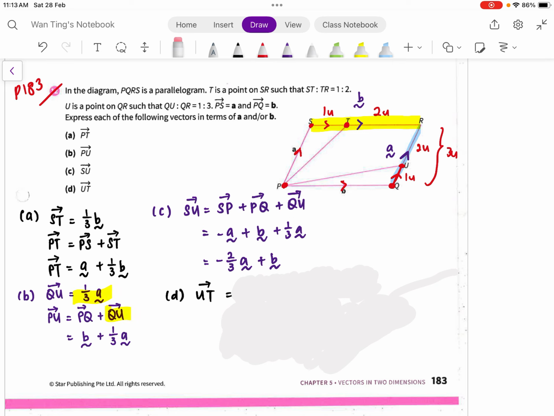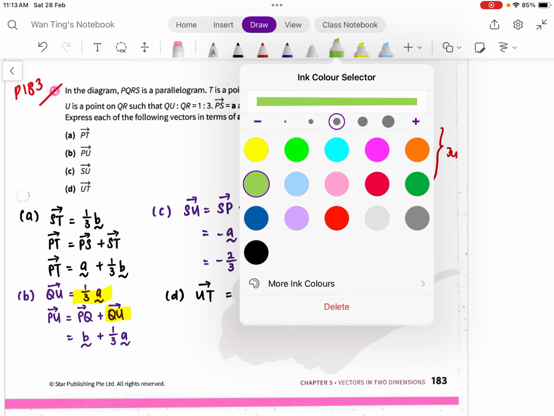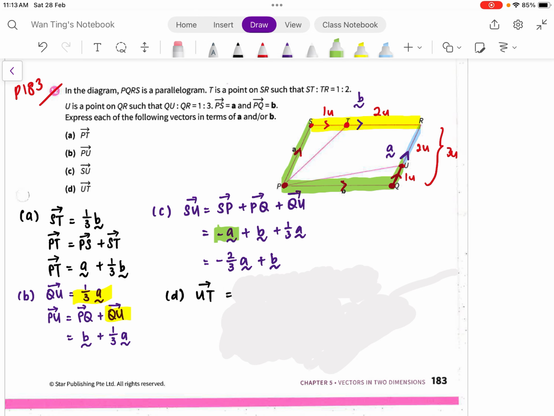I will take the longer route: S to P, P to Q, Q to U. S to P is not A, but negative A because of the opposite direction. Then P to Q is vector B, and 1/3 of A for Q to U. Simplifying it, you get -2/3 A plus B.